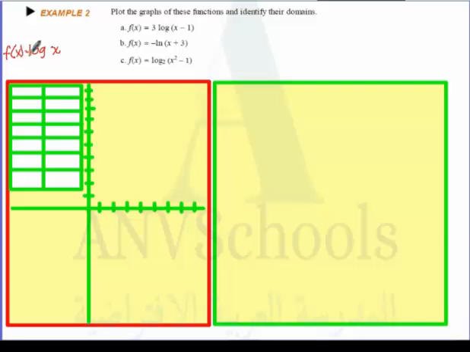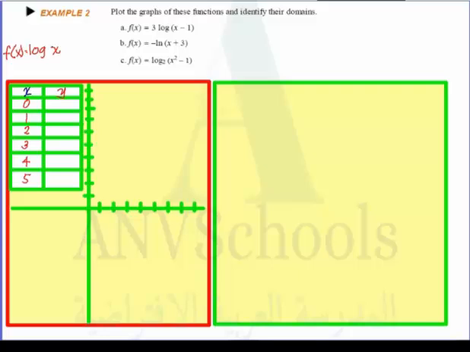Now, suppose this is my column for x, and this is my column for y. My x's can be 0, 1, 2, 3, 4, 5. For the value of y, you have to press the log function in your calculator. Just press the log of 0.